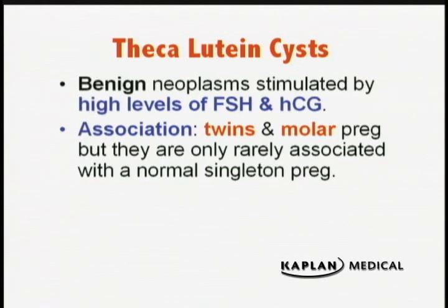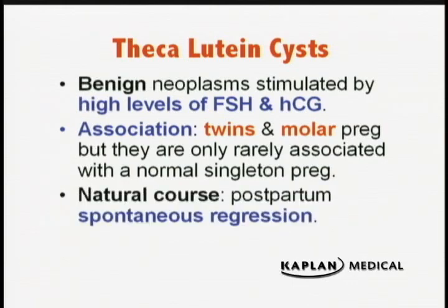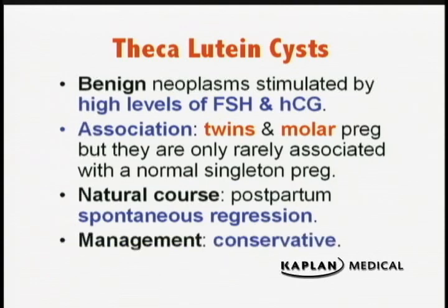And molar pregnancy, of course, we have trophoblastic disease with very high levels. So these theca lutein cysts are seen very commonly with twins and with molar pregnancy. They will spontaneously regress as the HCG levels come down. The FSH levels used in stimulation of ovulation in infertility can result in these theca lutein cysts as well.